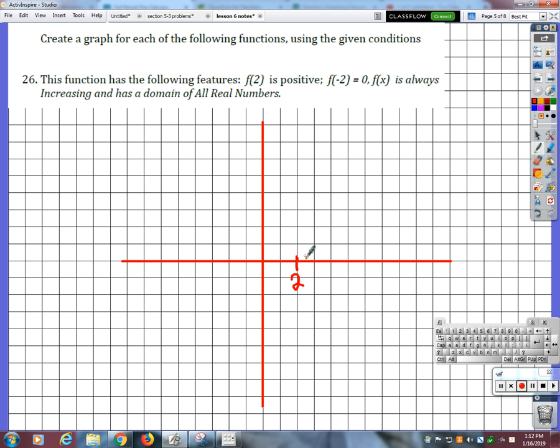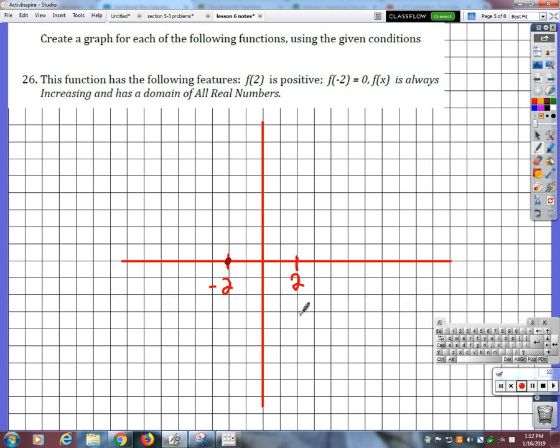Then it says f of negative 2 equals 0. That means when I go to x equals negative 2, y equals 0. That means the point is on the x-axis.